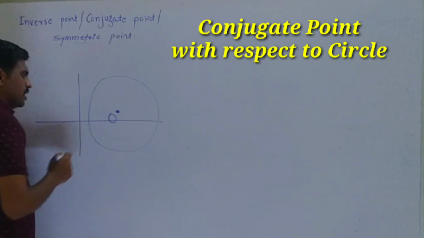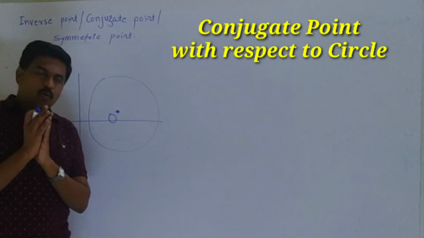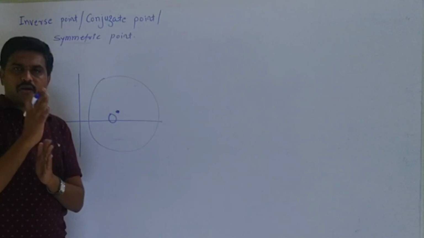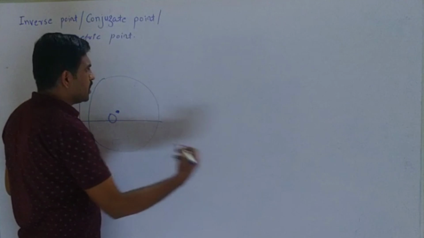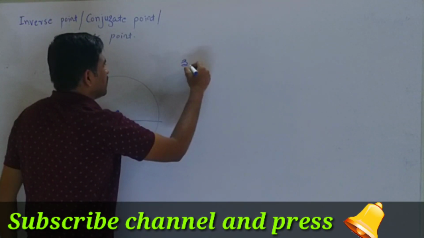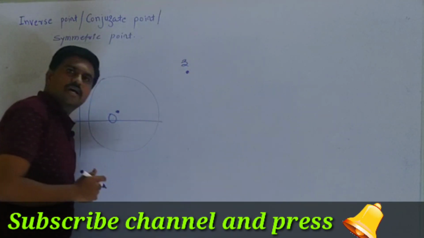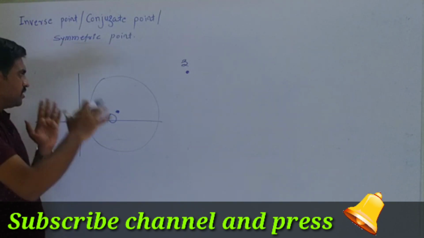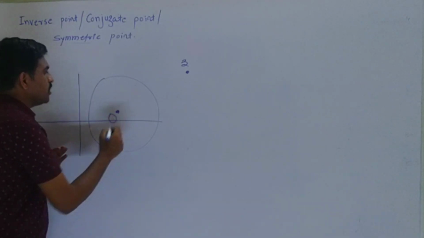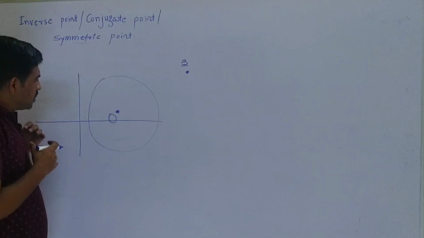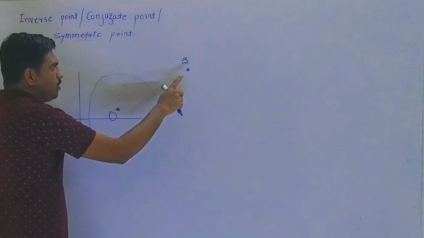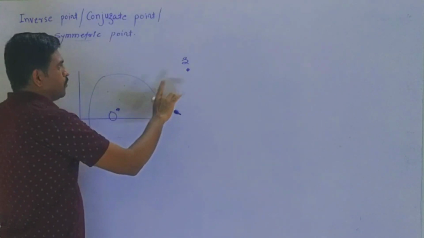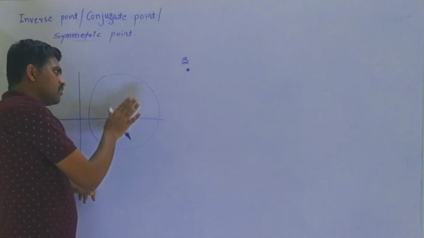I say O, I just give the notation circle O. If you have to find the conjugate, symmetric or inverse point of any complex number, suppose I take a point here, Z. The speciality of the conjugate point with respect to a circle, you can easily remember: if the point is outside, you will always get its conjugate inside.